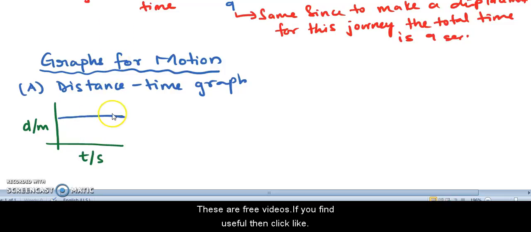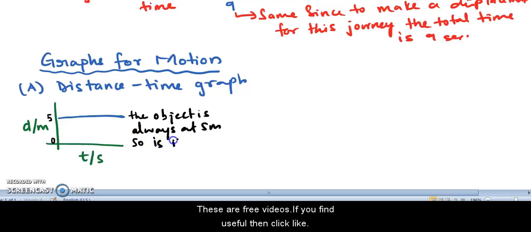If you look here from 0, let's say this is at 5 meter. The object is always at 5 meter. So, is it moving or not? That's a question.